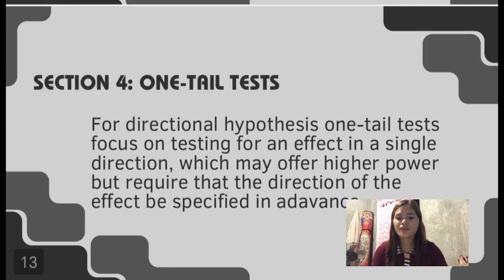So a one-tail test checks only one direction, whether it is greater than or less than. It gives more power to detect a difference in the direction we expect, like higher sales, but we must decide beforehand which direction we're going to test, whether it is to increase or to decrease.